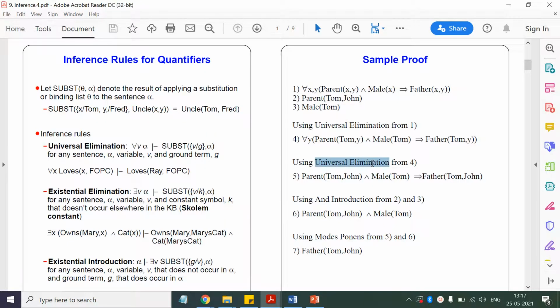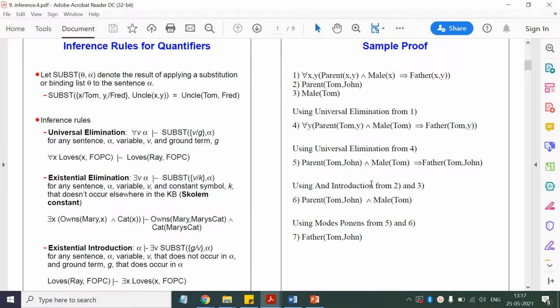Then we apply universal elimination for y variable, and in this case we replace y with John. Okay, so y is replaced with John. So we have obtained this. Then, so this is our statement number 5.